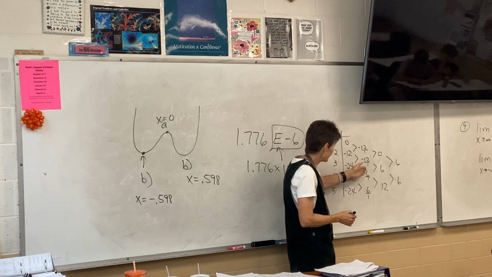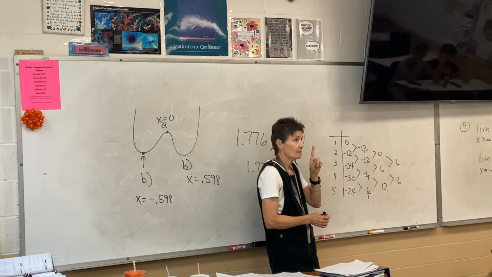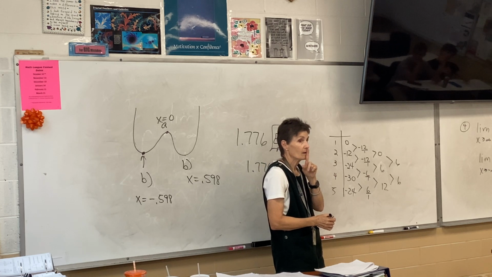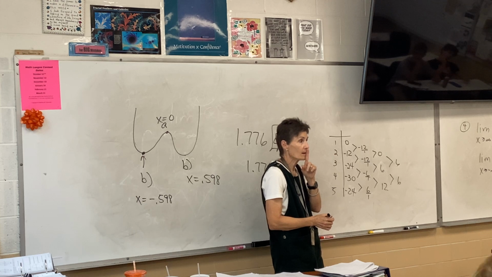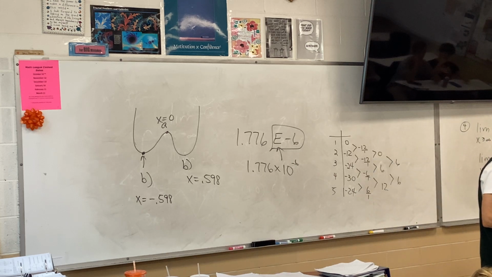Now what's happening to those numbers? Wait, are they increasing? Are they all increasing? Not all of them. Okay, so if we want to know if we're concave up or down on that interval, what has to be happening? They all got to be behaving the same way.